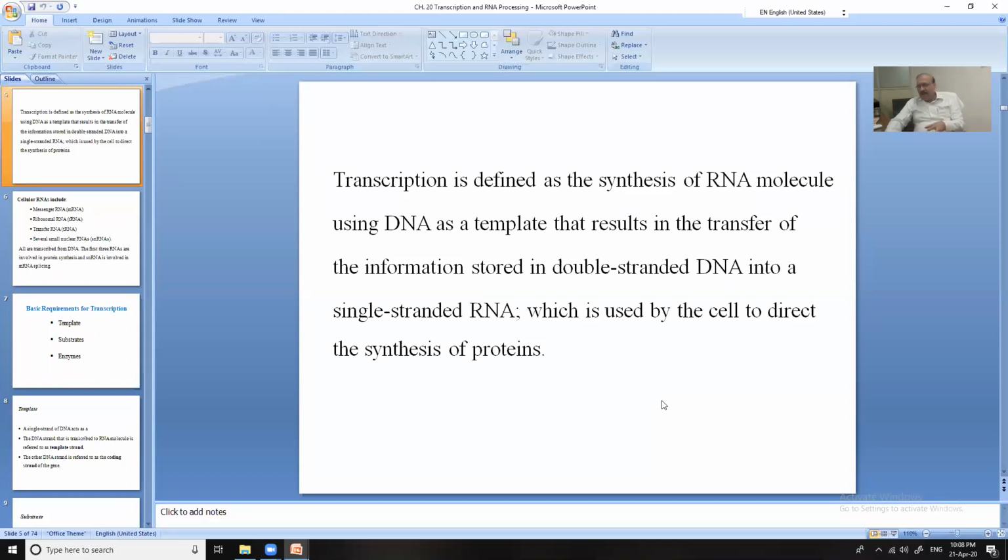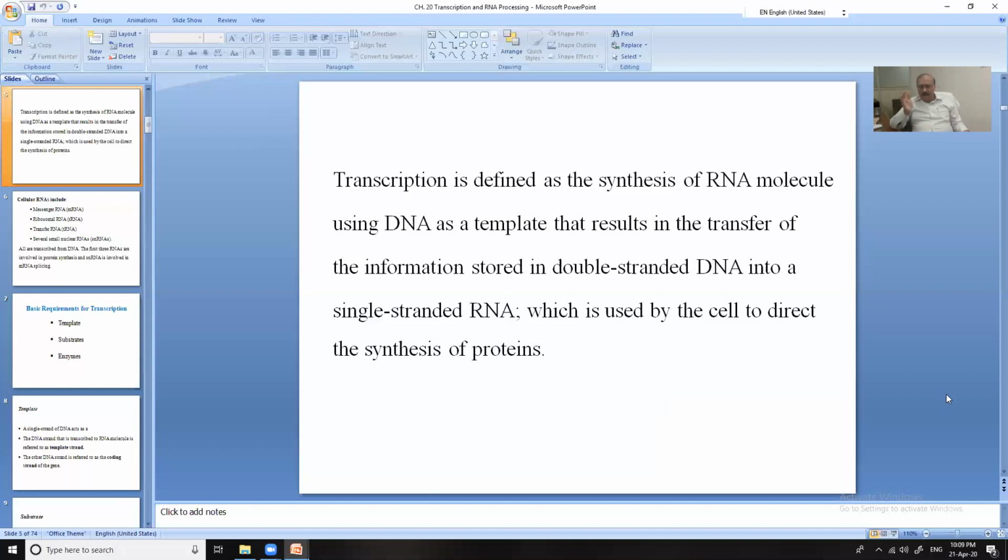So in place of thymine, uracil will be in the RNA. That is the difference. Otherwise, RNA is a single-stranded molecule. That single-stranded molecule of RNA is synthesized by RNA polymerase. More precisely, you can say DNA-dependent RNA polymerase.